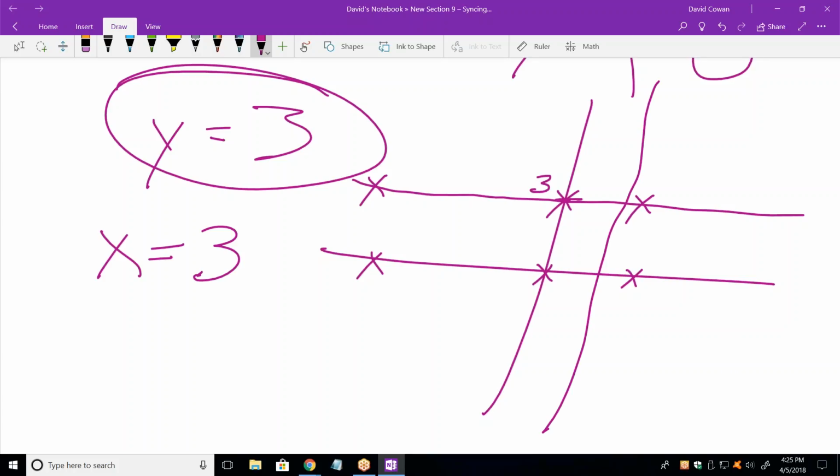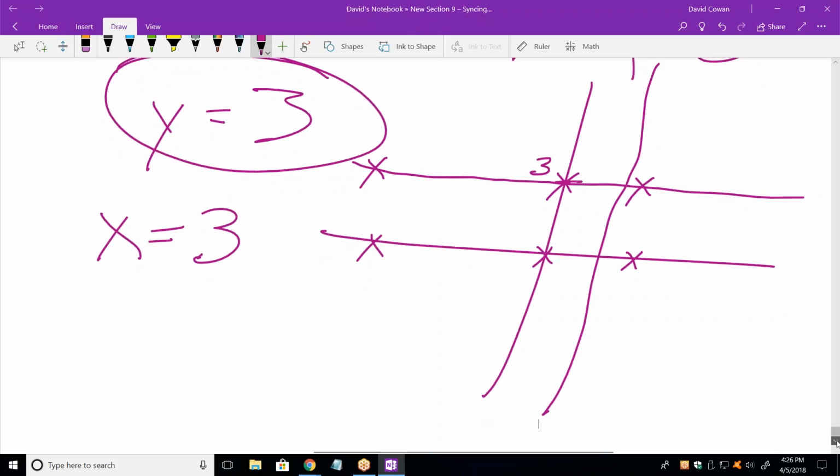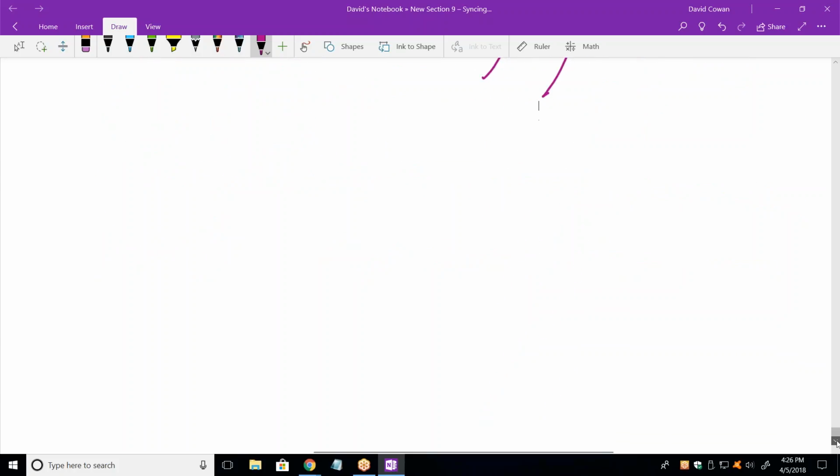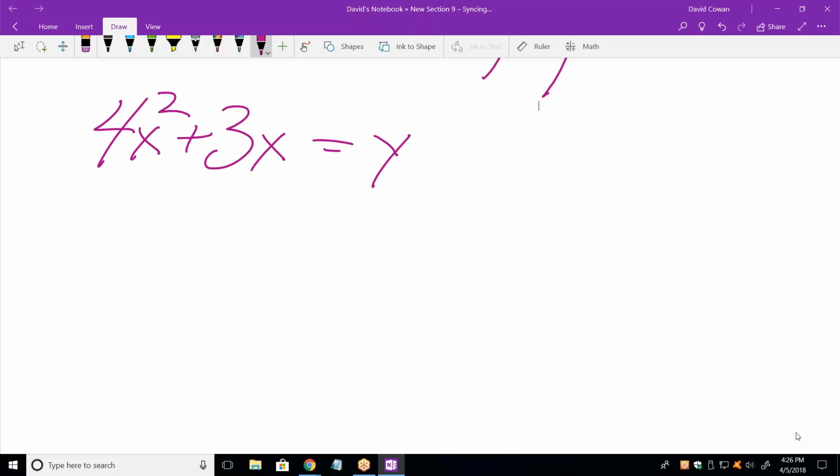Okay? The next one is D, and D is 4x squared plus 3x equals y plus 7, and that is a parabola. And what you want to do is solve these for y.